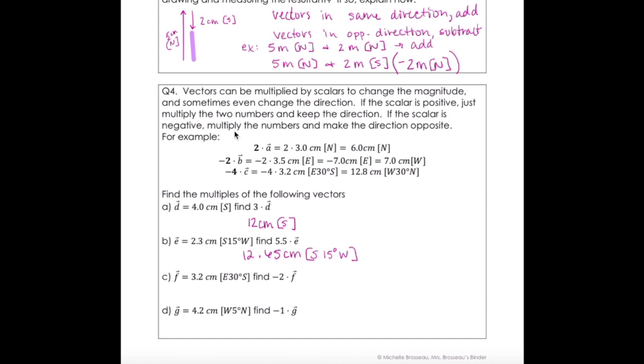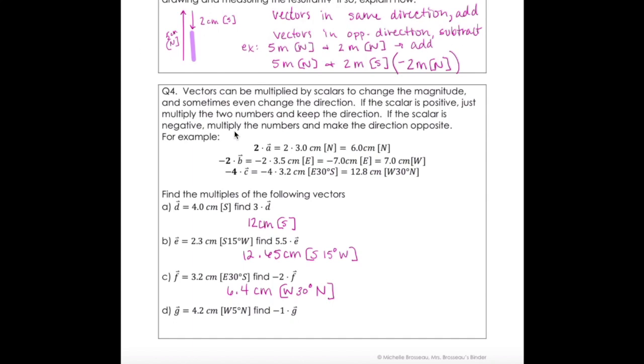So I'm going to have a positive 6.4 centimeters, because it was negative, I'm changing direction. So instead of east, it's going to be west, 30 degrees, and instead of south, we're going to have north. So both directions are opposite.